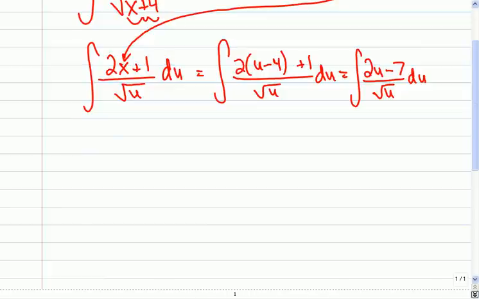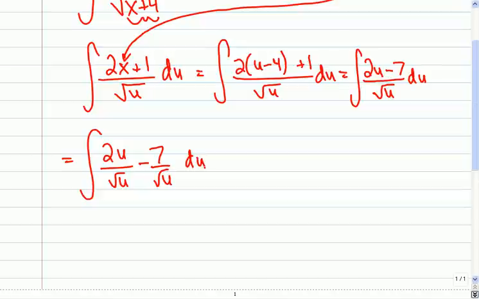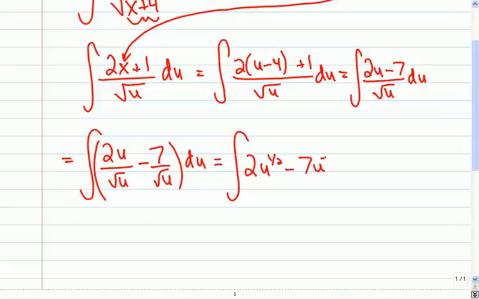So in pieces, what this would look like is the integral of 2u over root u minus 7 over root u. So I can use my exponent laws, and I'll get 2u to the 1/2 minus 7u to the negative 1/2. And now I'm ready to go with the power rule.